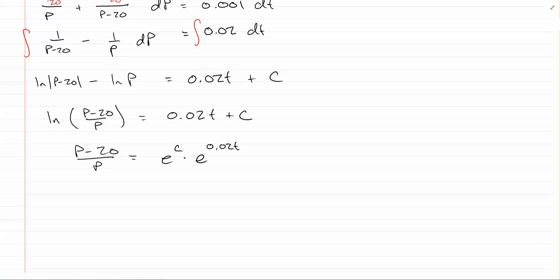Let's use our initial condition, right? The initial condition was that p of 0 was 200. It wasn't 200, it was 100. That was told to us in the problem. So that's nice because when I plug in 0 for t, I get 100 for p.